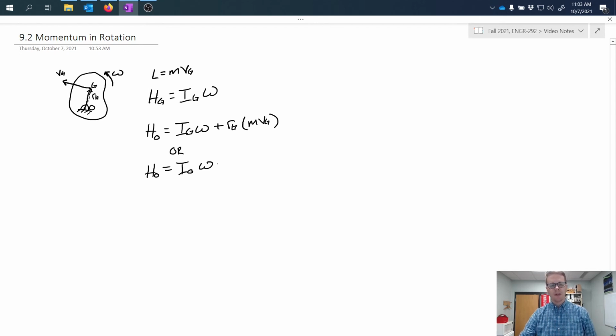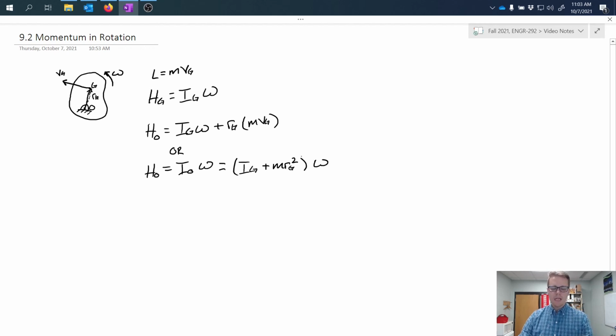However, if we look at this and realize that the next thing we're going to have to do is compute the mass moment of inertia around the axis O, we can express that in terms of something we often know, which might be the mass moment of inertia around the center of gravity, plus a parallel axis theorem term, which would look like this, and then carry the angular velocity over.